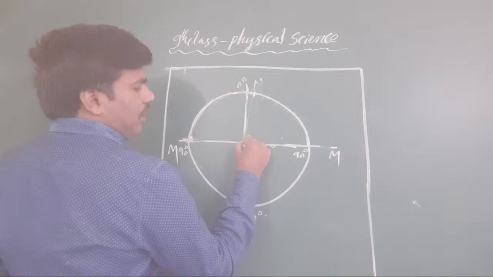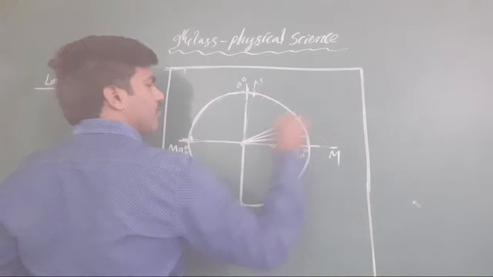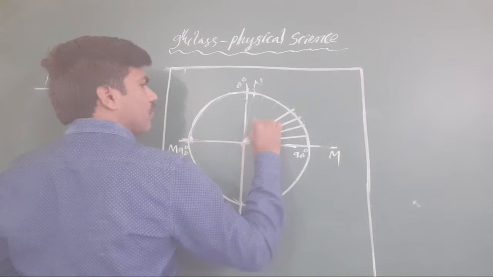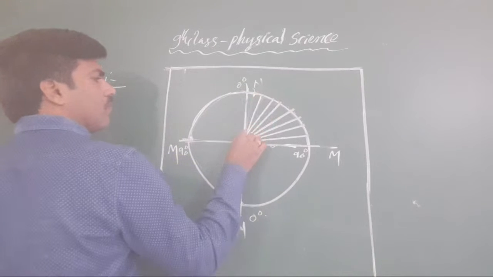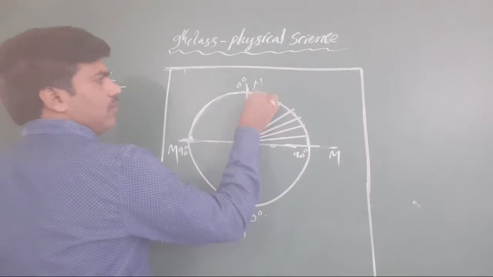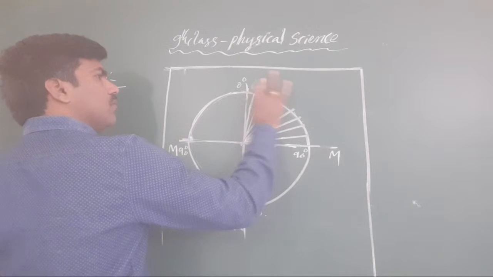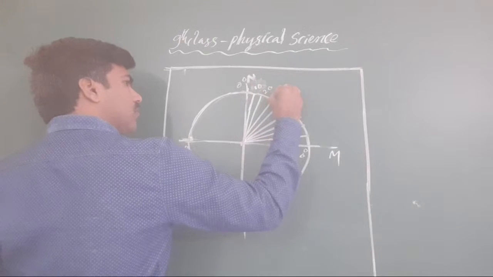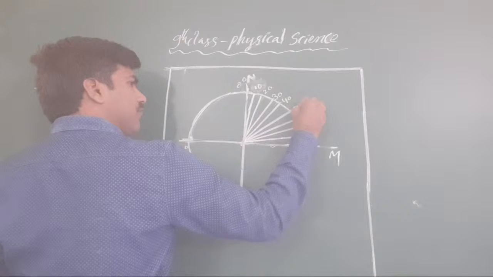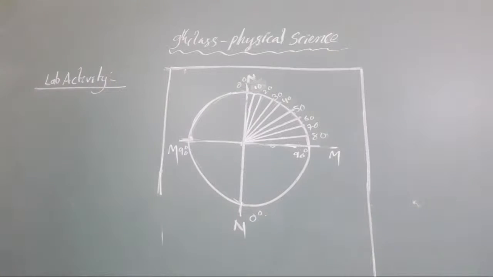Now suppose I have taken them equally. In this manner we have to take 10, 20, 30, 40, 50, 60, 70 and 80. I have taken like this.